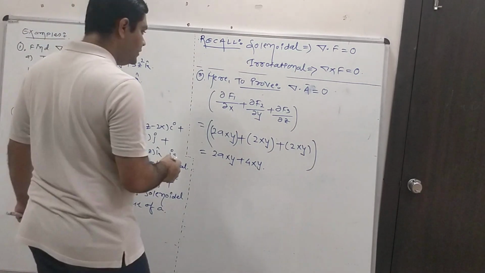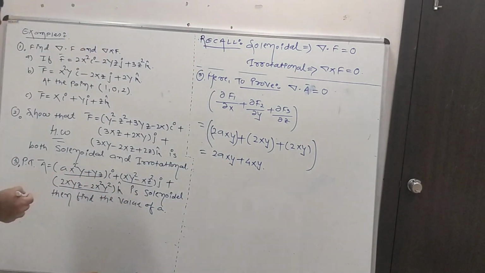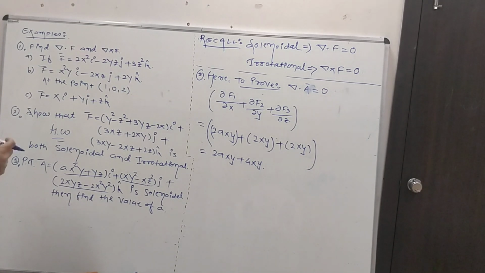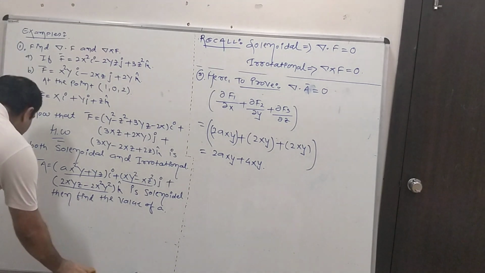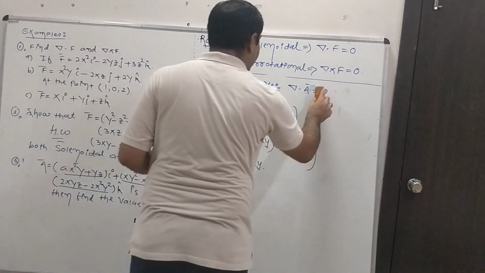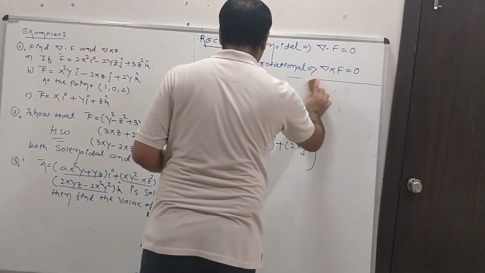So here we have to prove that this vector is solenoidal. Somewhere we have made a mistake. Let us see. To prove del dot A is equals to 0, with respect to y, ax square y. Okay, this is not needed. This we have been given, it is already solenoidal, so no need to prove this is solenoidal, right?